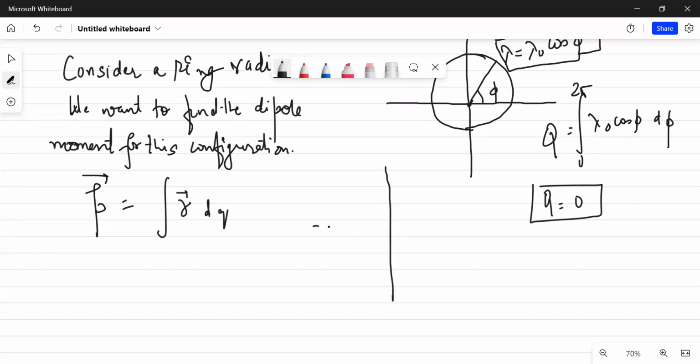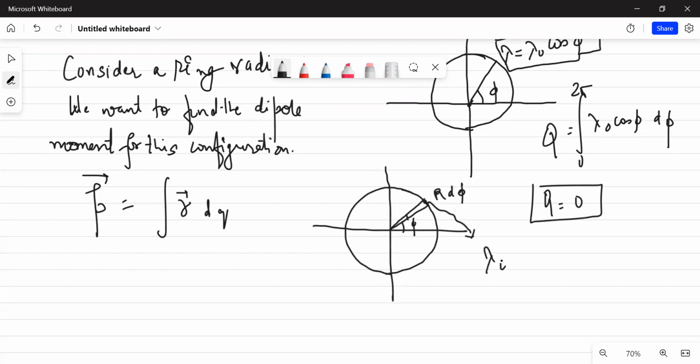So I'll take some small element, let's say because this is a ring, some small length element. So this is my phi, and let's say a small d phi I'll make here. In this small element, I'll take r d phi. So what would be the charge contained here? The charge contained would be lambda naught r cos phi d phi.